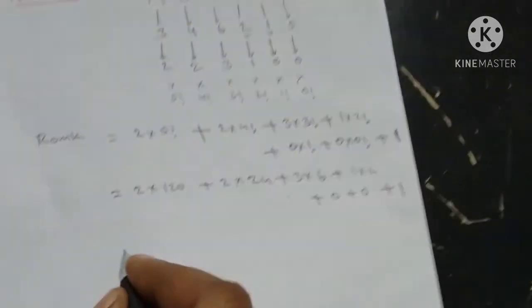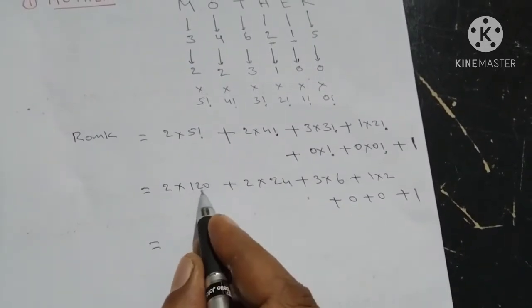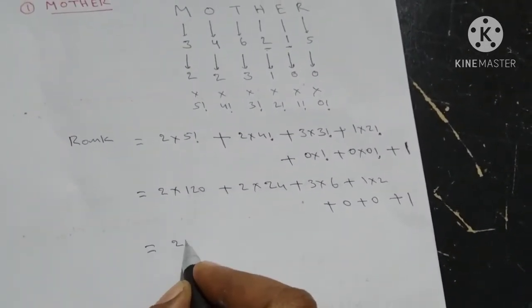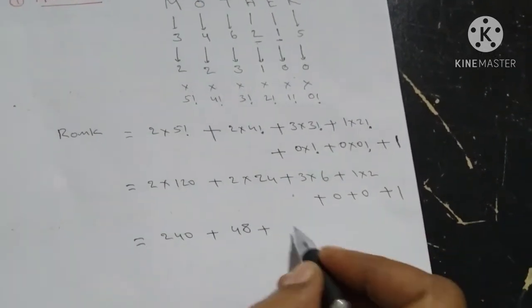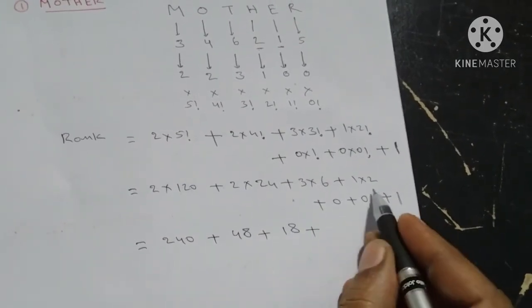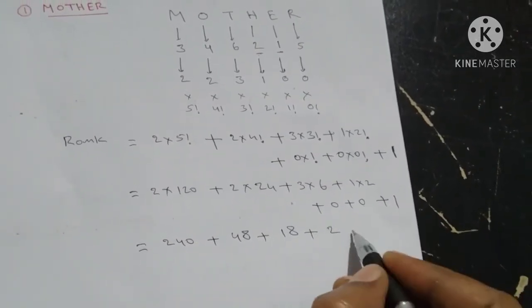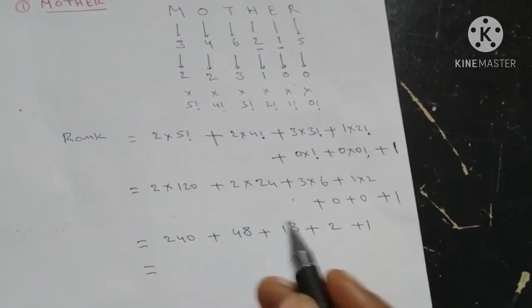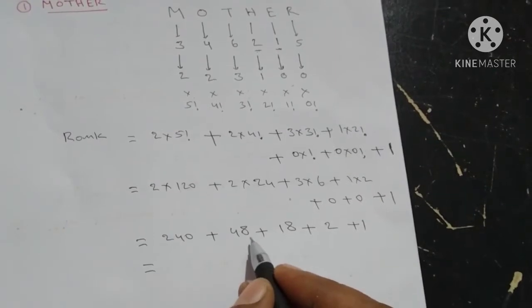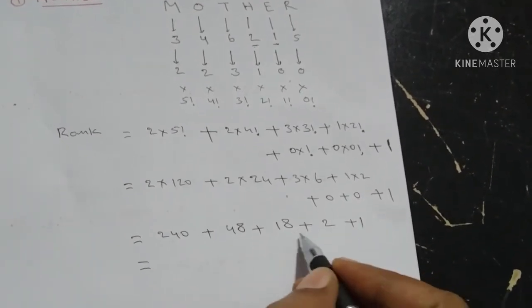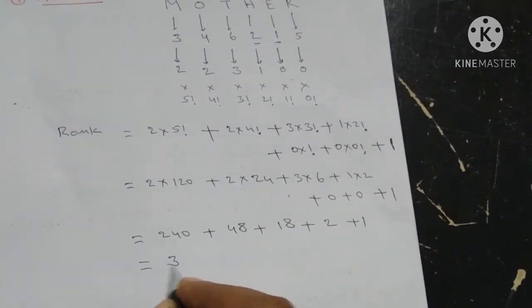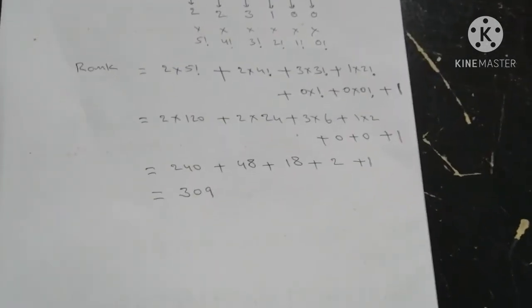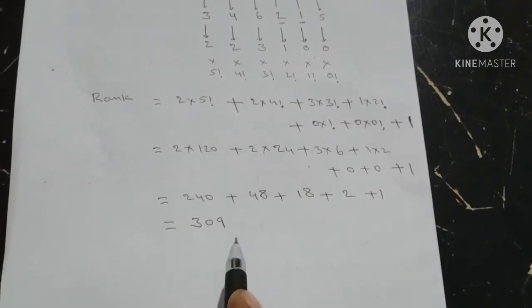Now 2 into 120 is 240, plus 2 into 24 is 48, 3 into 6 is 18, plus 1 into 2 is 2, plus 0, plus 0, plus 1. Adding all these: 240, 288, 290, 309 total. So the rank of the word mother is 309.